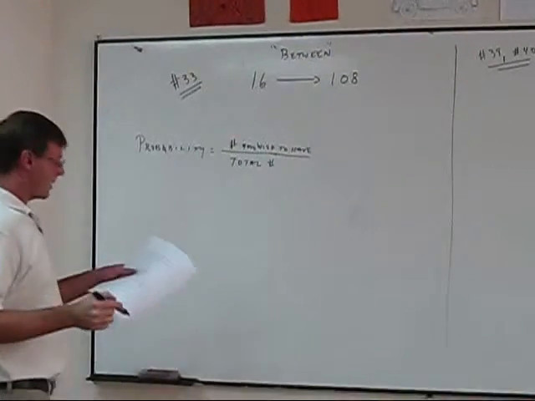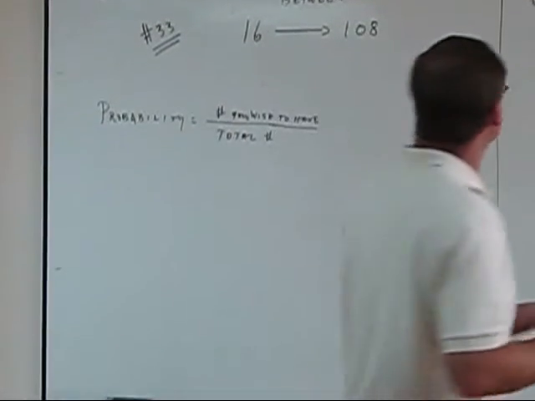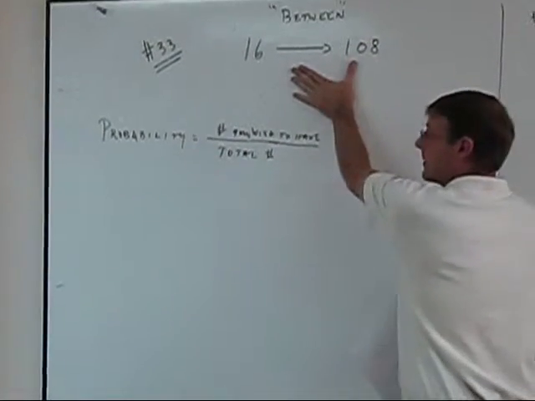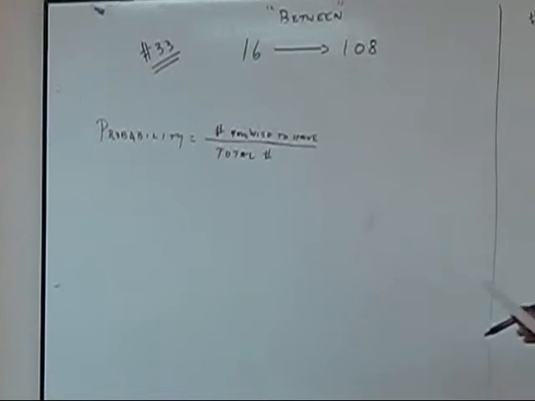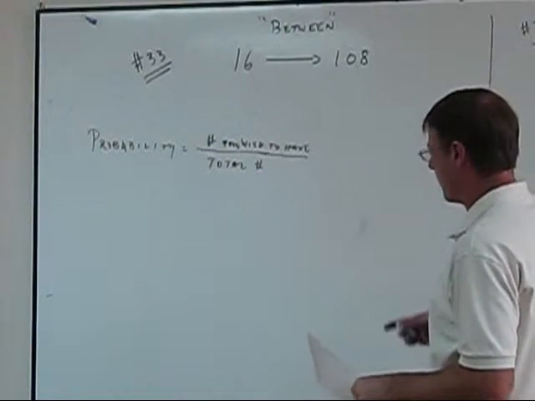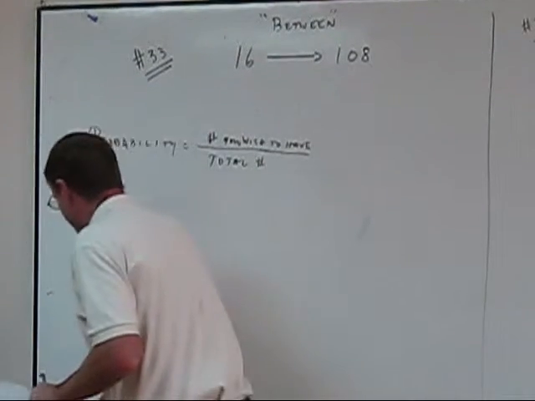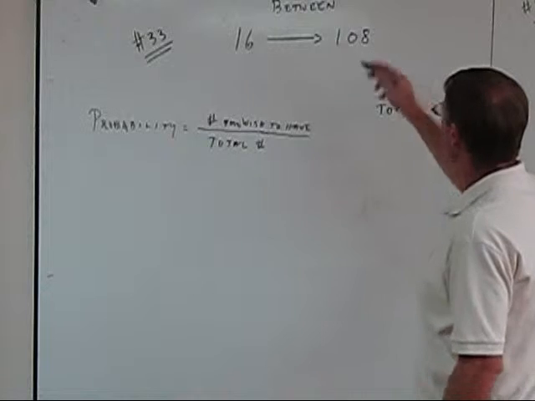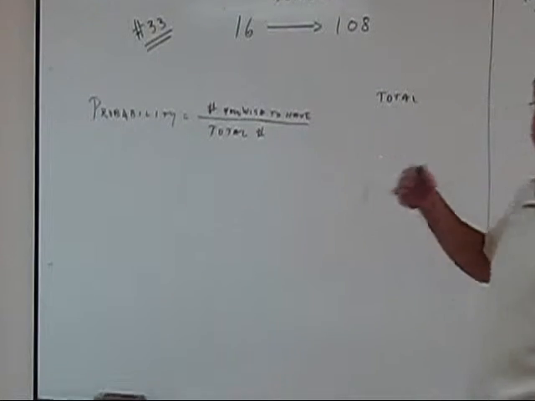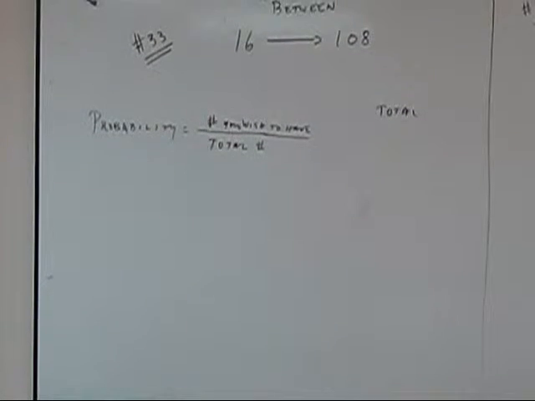Okay, so we want to know the likelihood that a random number coming from this list is divisible by 8 or 12. So the first thing is to find out what the total is. We've discussed that the way we find the total numbers in the list is we subtract the difference between them and then add 1.